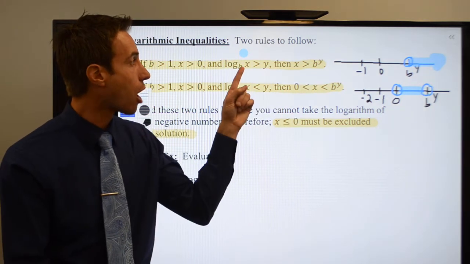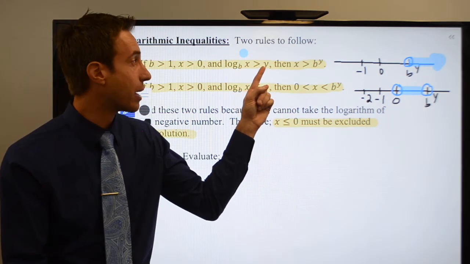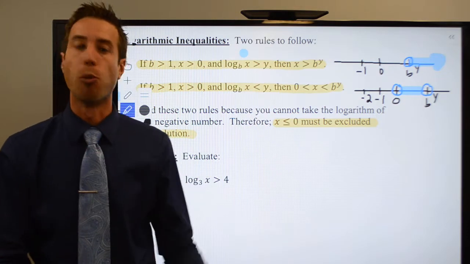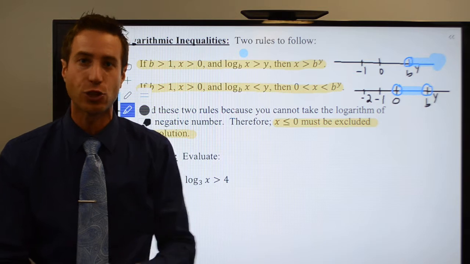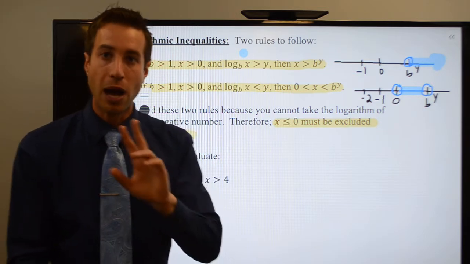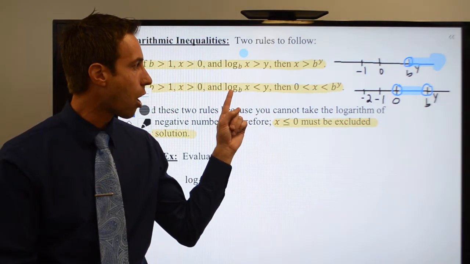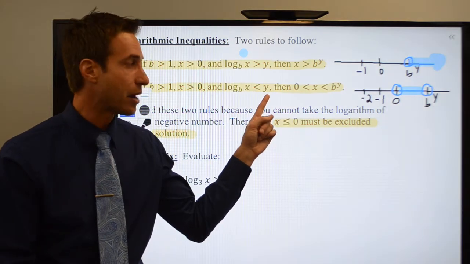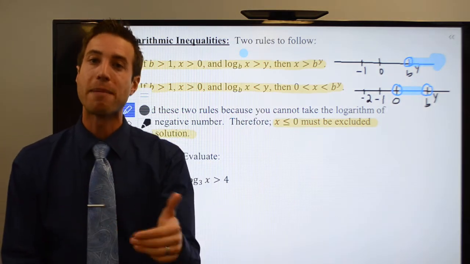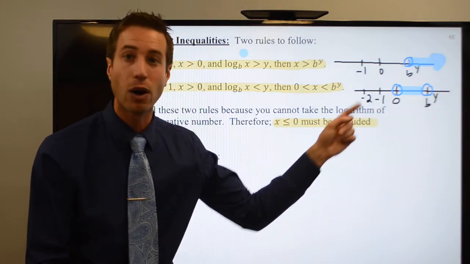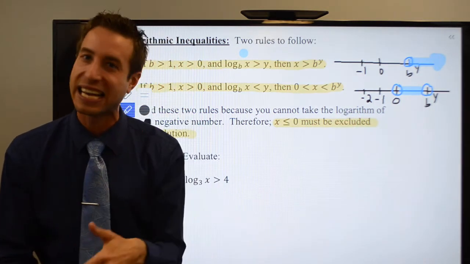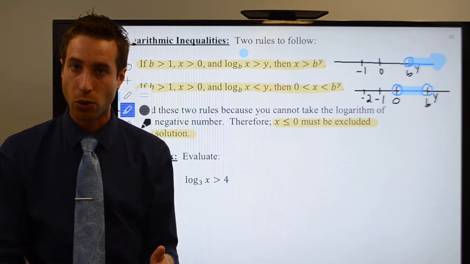As long as the logarithm is greater than whatever this value of y is, no problem. I want everything greater than the exponential b to the y power, and I'll never run into an issue. But if you ever come across a logarithm that is less than y, you've got to remember to restrict the domain, because I can't take the logarithm of 0 or negative numbers.